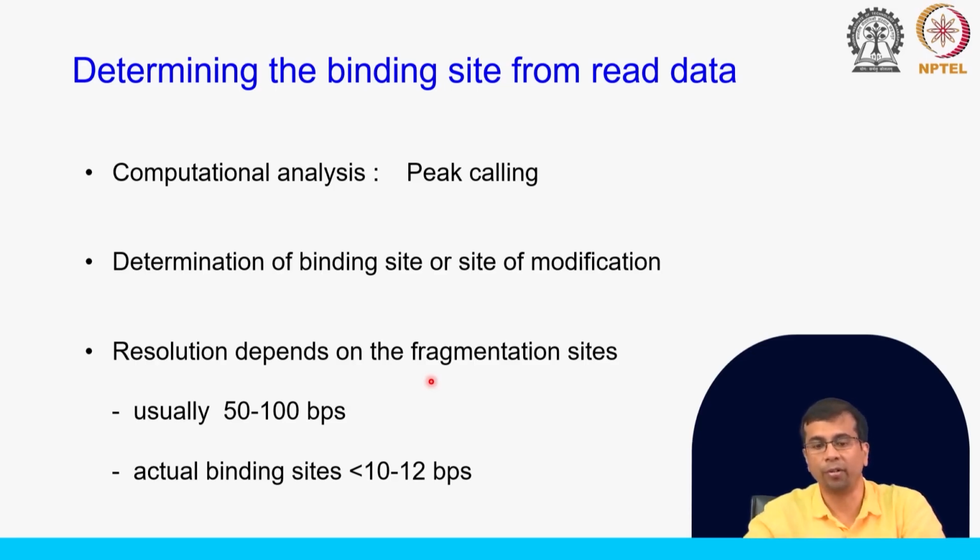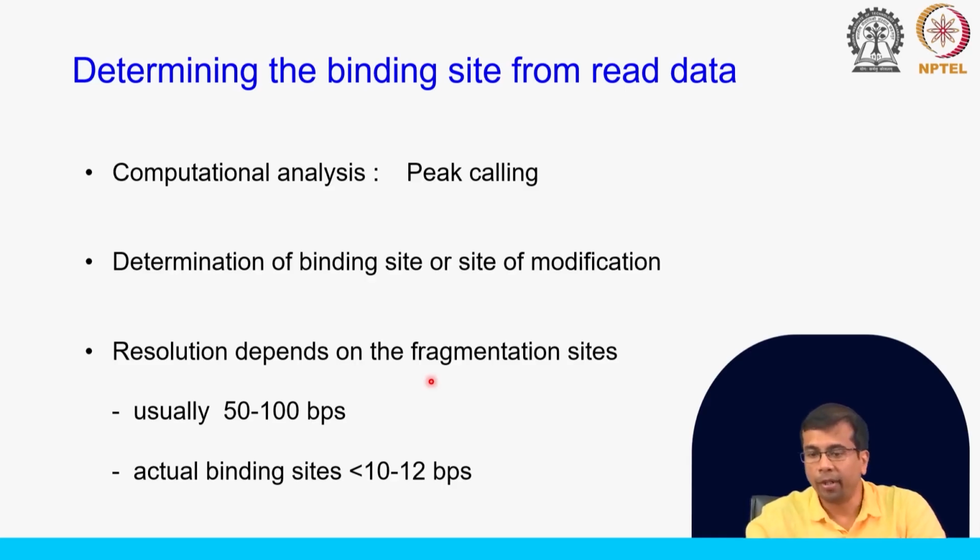So, how do you go to 10 to 12 base pair resolution compared to 50 to 100? This is where peak calling predicts and helps us pinpoint the binding site. There are other ways to do this as well, which we will not discuss in this class.